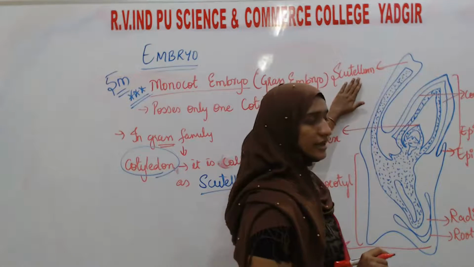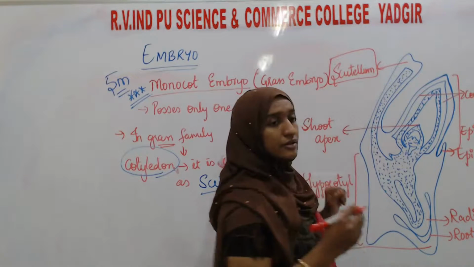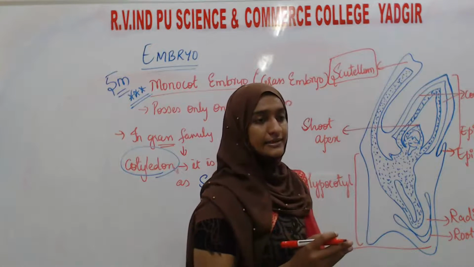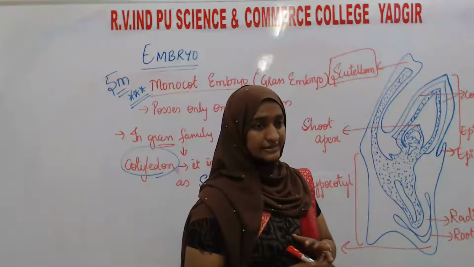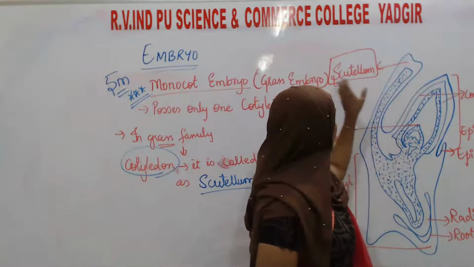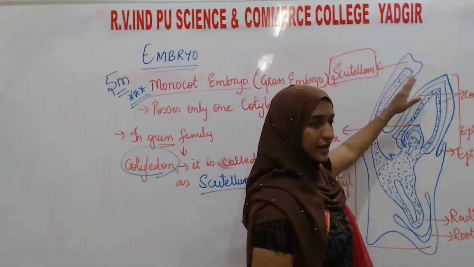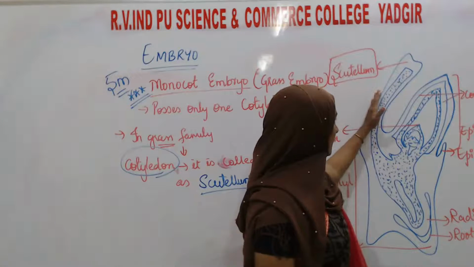And that cotyledon here is known as the scutellum, which is present at one lateral side of the embryonic axis. That means this is the embryonic axis, and one cotyledon is located at one side of it.